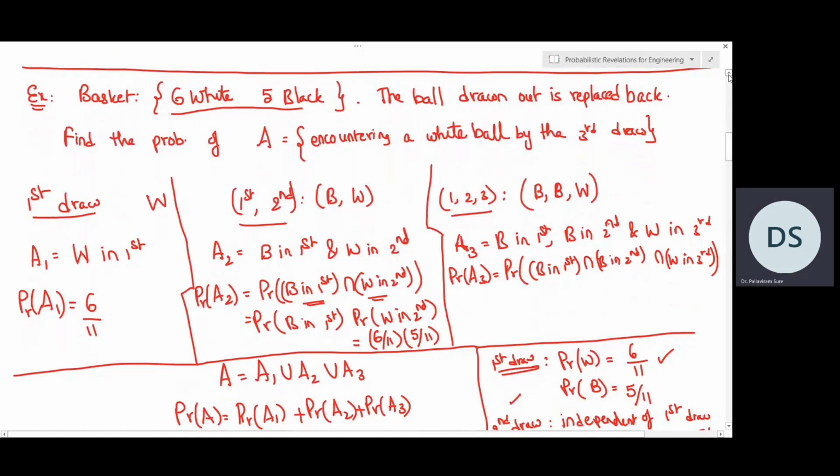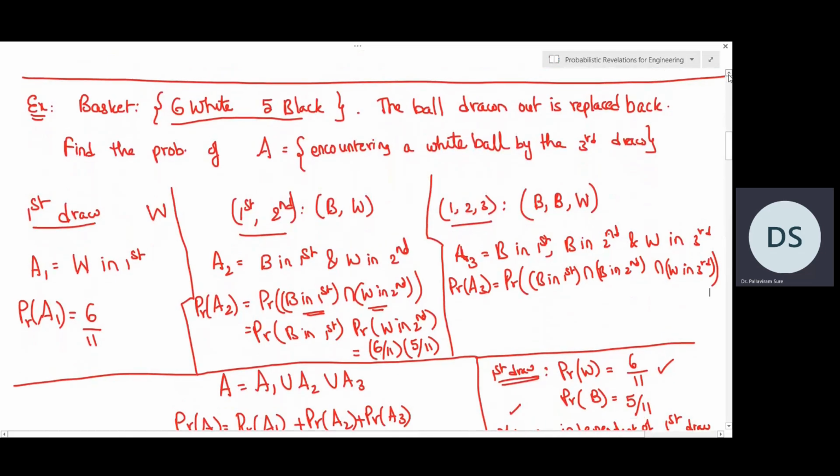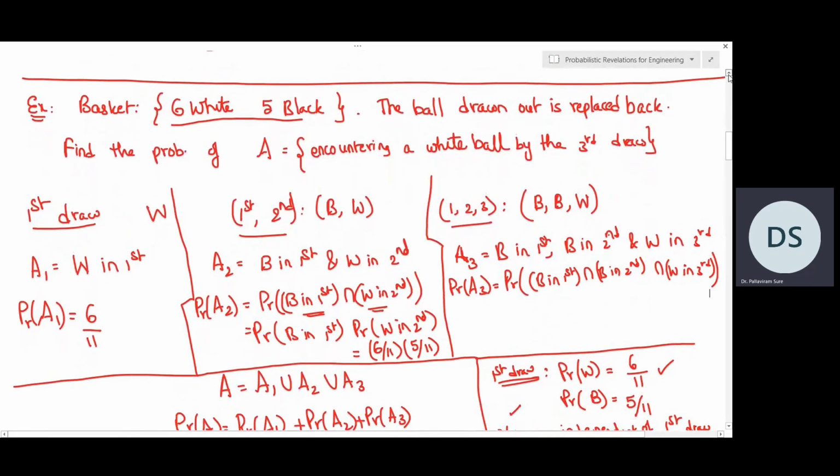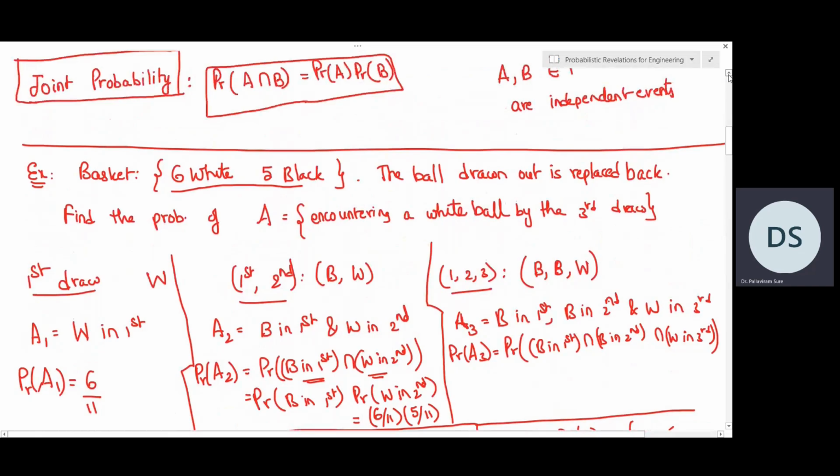That means it is again a joint probability of 3 different events. So by extending this rule, we can write this answer as the product of the probabilities of each and every individual event. So that is the probability of B in first, the probability of B in second, they are multiplied, again multiplied by the probability of white in third.